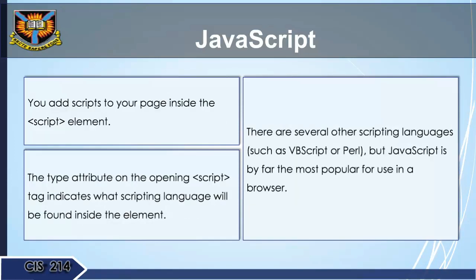You add script to your page inside the script element. The type attribute on the opening script tag indicates what scripting language will be found inside the element. There are several other scripting languages such as VBScript or Perl, but JavaScript is by far the most popular for use in a browser.